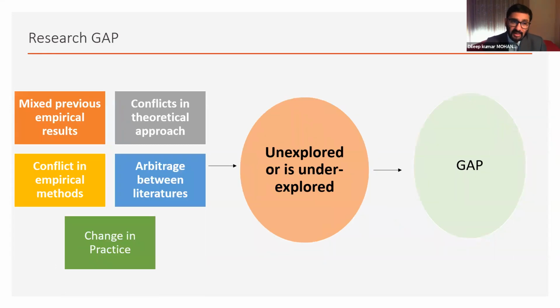So what is the gap then? Finally, I'm arriving at a short understanding of what a gap is. It's all about mixed previous empirical results. Somebody supported the argument that the knowledge gap formed is positive between cause and effect, that there is a strong relationship.